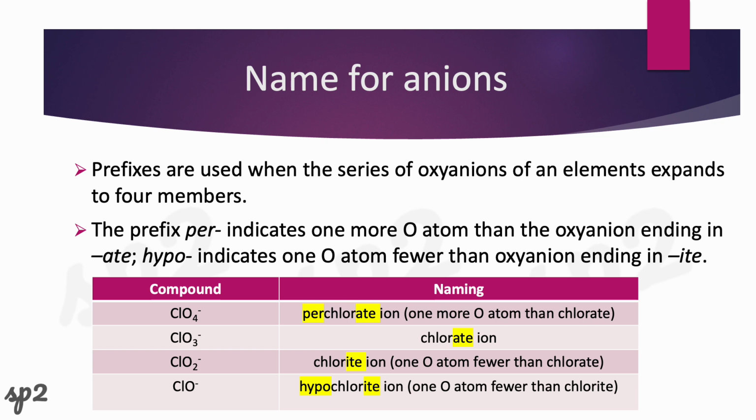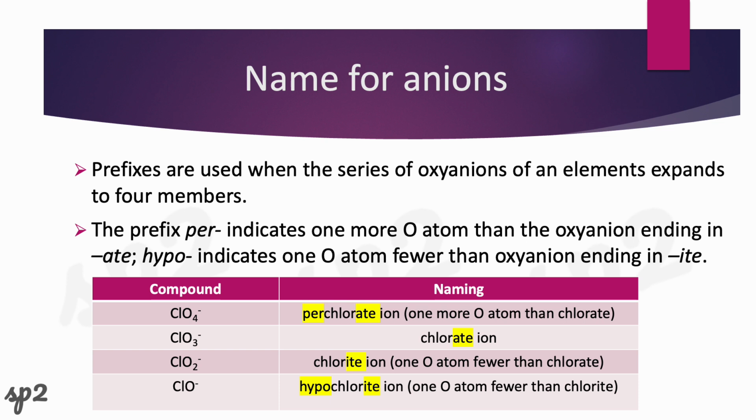I want you to look at these elements in pairs. Look at the first two. You've got ClO3 with a negative charge, and ClO4 with a negative charge. I'm going to call the ClO3 chlorate. And because ClO4 has one more oxygen atom than chlorate, we're going to call that perchlorate.